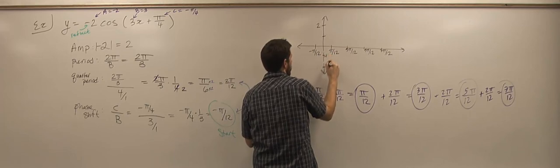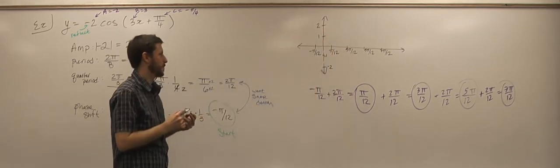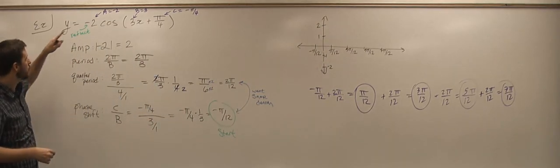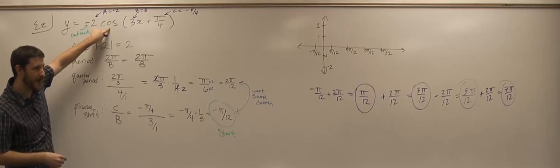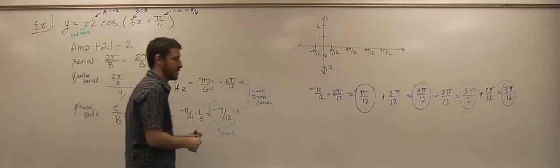Now you have to be a little careful here because, let me show you. All right, so let's start graphing this. Cosine, usually cosine starts from a max, but we've reflected it. So when I start graphing this, I'm going to go down to a minimum.